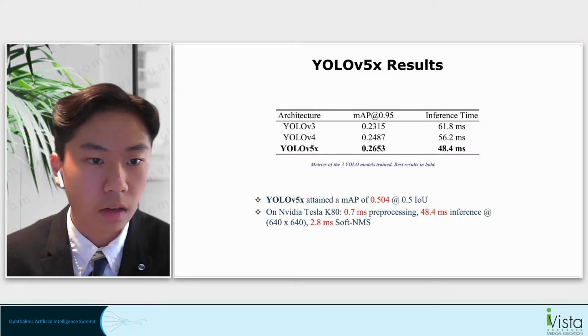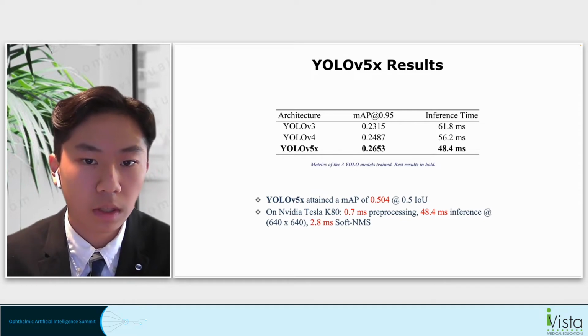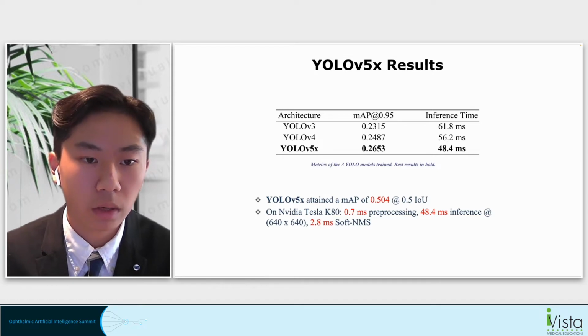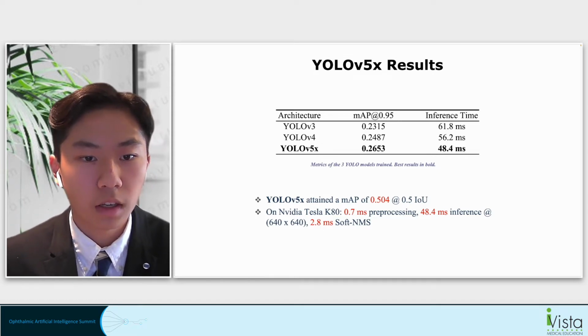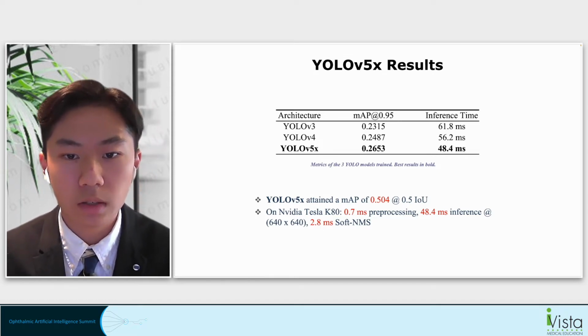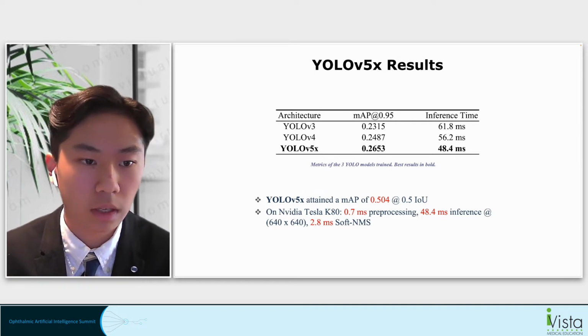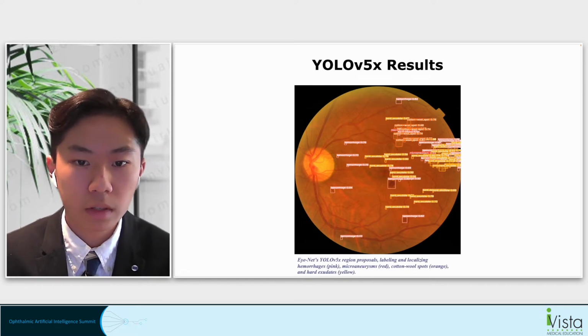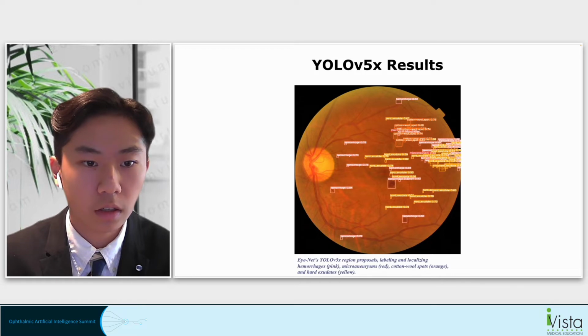So the YOLO v5x lesion localization framework was found to be the highest performing model out of the 3 I trained, reaching a final mean average precision, or mAP, of 0.265. And this was actually a 23% increase in accuracy over the prior YOLO lesion localization study shown. The algorithm was able to draw bounding boxes around microaneurysms, hemorrhages, cotton wool spots, and hard exudates.